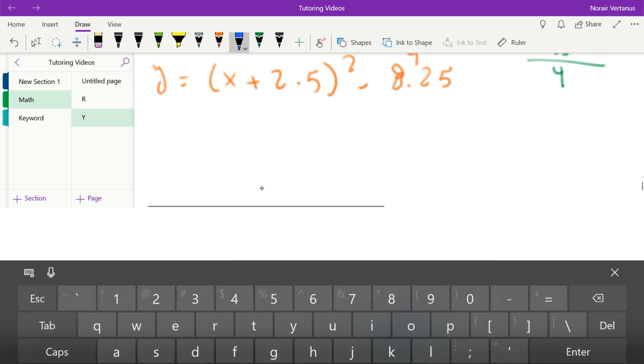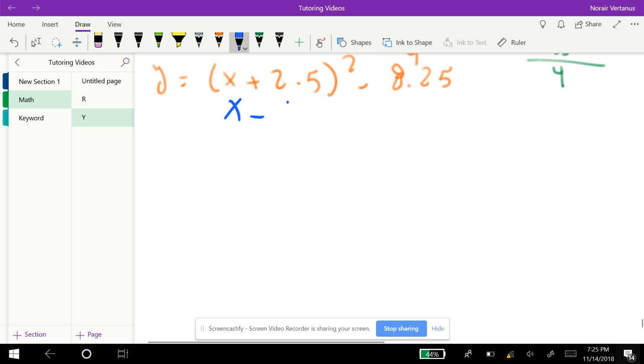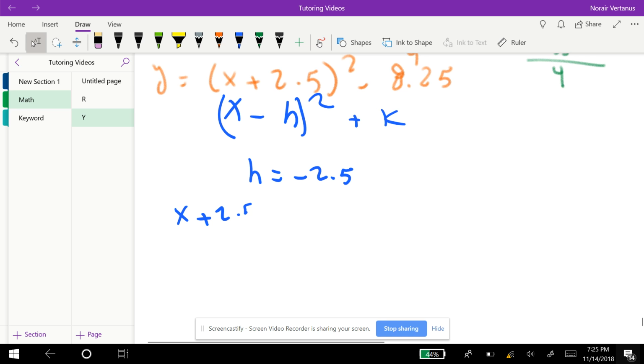h, if you compare this with x minus h squared plus k, you see that it's the opposite of 2.5, h is equal to negative 2.5. If you don't know why, just set that up equal to 0. There are different ways to do that. x plus 2.5 equal to 0, and then if you subtract 2.5 from both sides, you get x equal to negative 2.5.